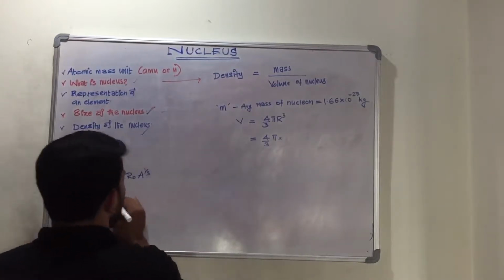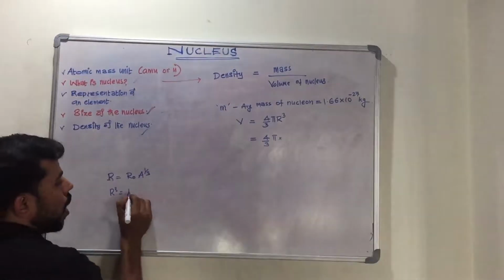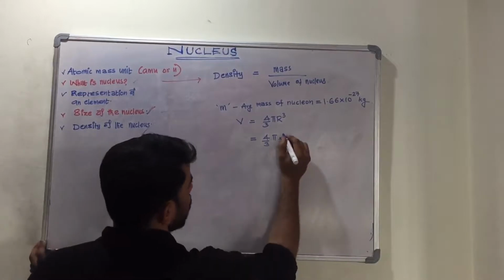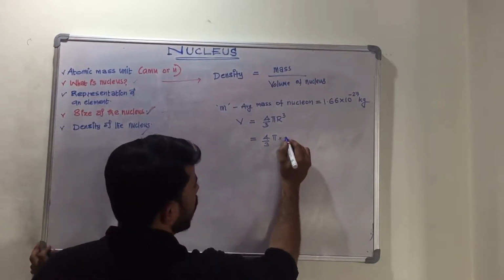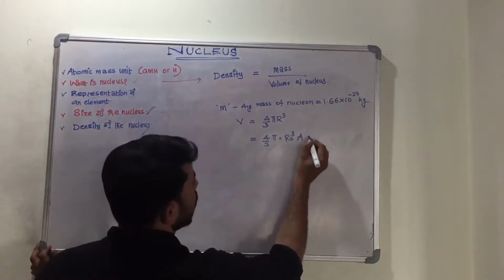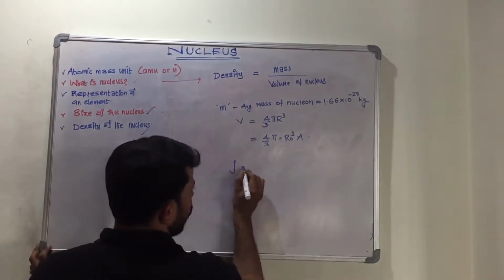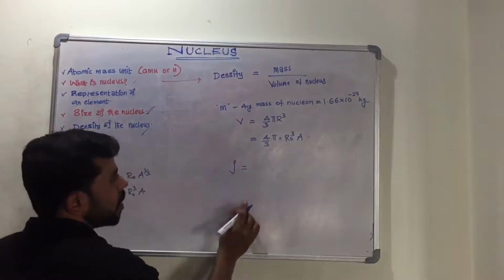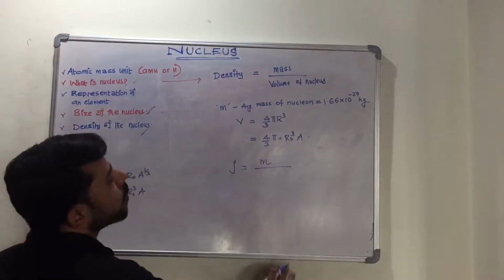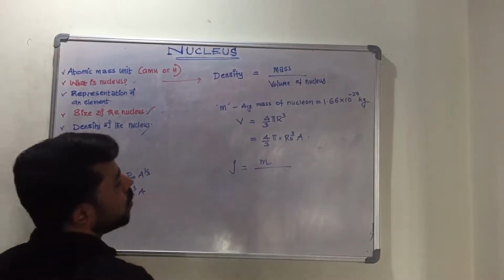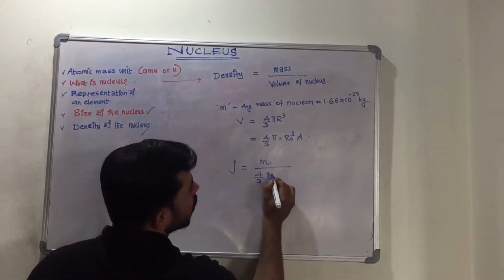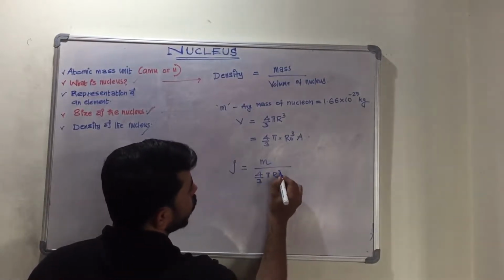Then R cube is equal to R0 cube into A. Then the density ρ is equal to mass, which is m into A, divided by 4 by 3 pi R0 cube into A.